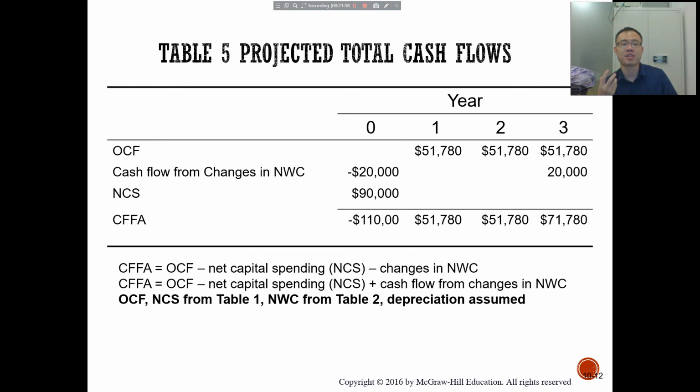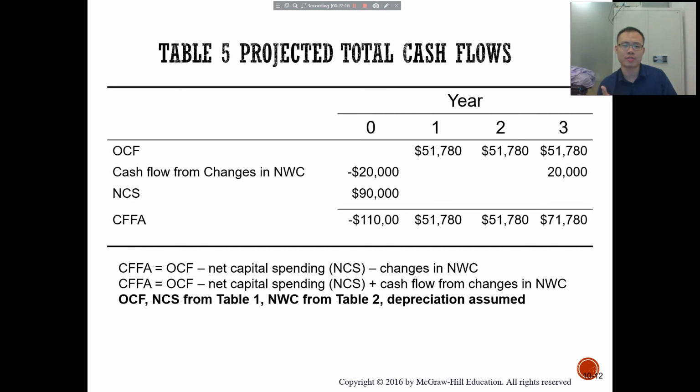And the second one is the cash flow from changes in NWC. How do we understand it? This cash flow is going down. Why is that? Because your NWC is going up.